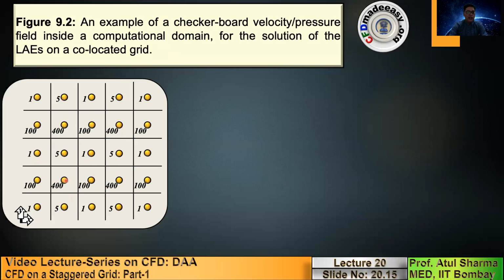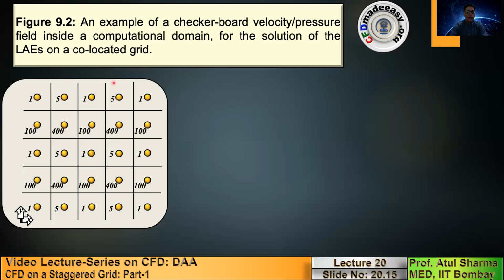Now consider this number distribution as an example for pressure distribution, where you can see that these numbers are alternately repeating. In the X direction it's 100, here again 100, here 100. This is 400, then the alternate value is 400. Here the alternate values are 1 in the vertical direction. It is 5 in the vertical direction. Here again it is 1. In this direction you have alternate 1. Here it is 5. Here it is 400.